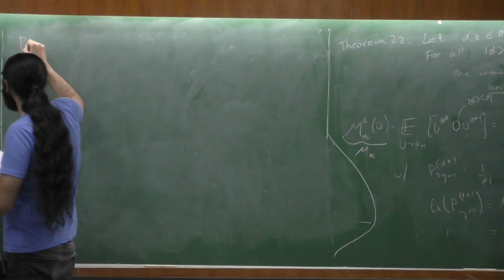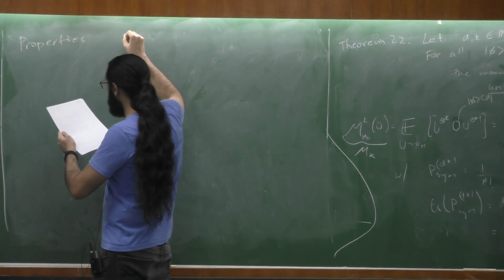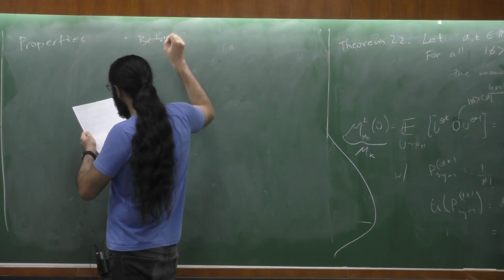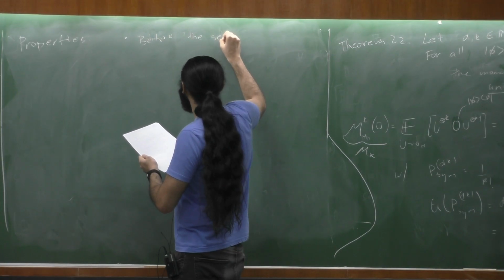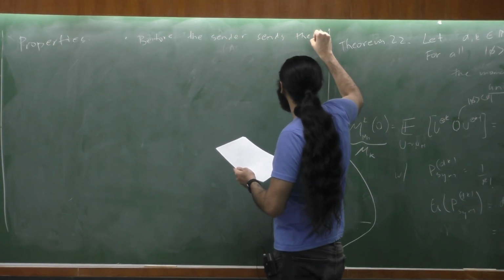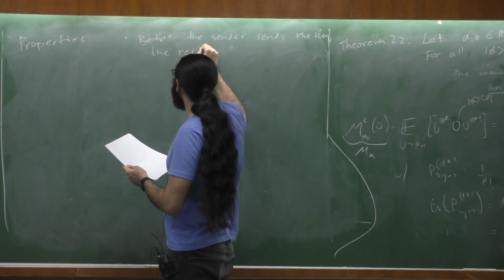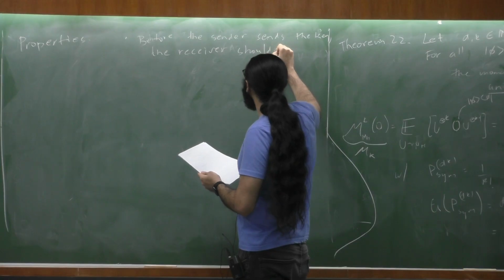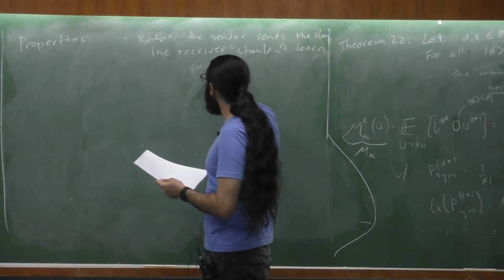Okay, so the properties we want, this we already saw earlier. The first property is that before the sender sends the key, the receiver shouldn't learn anything about the message.